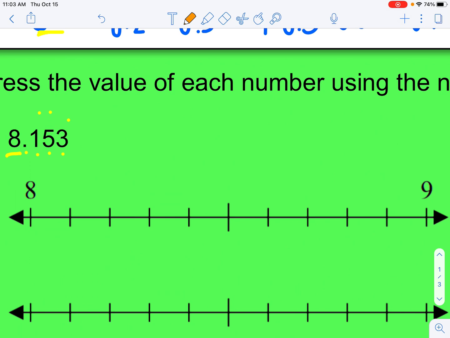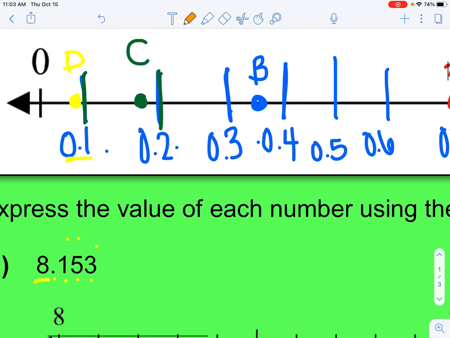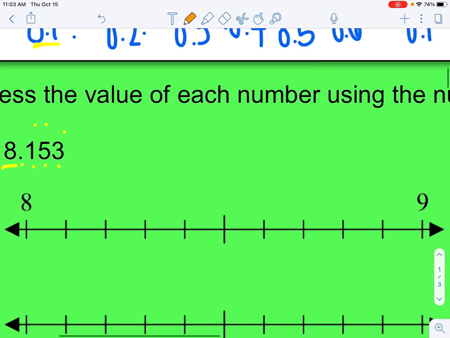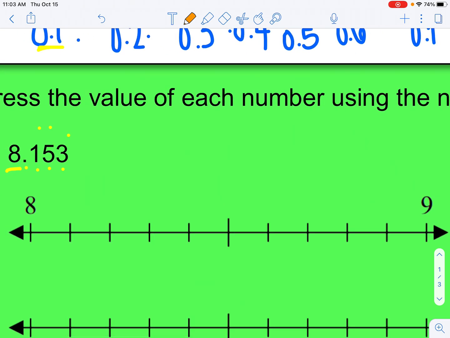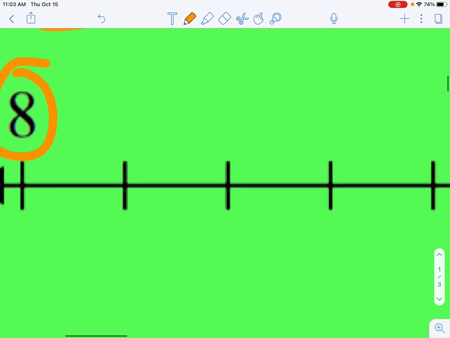Okay, so we are going to split our first number line into tenths. So just like what we did up here. Because 8 and 153 thousandths is somewhere between 8 and 9. Right? It's not quite to 9, but it's past 8 because we have decimal numbers after the 8.